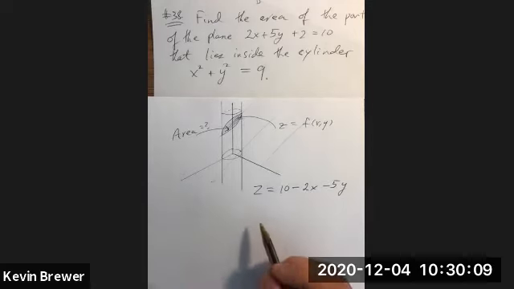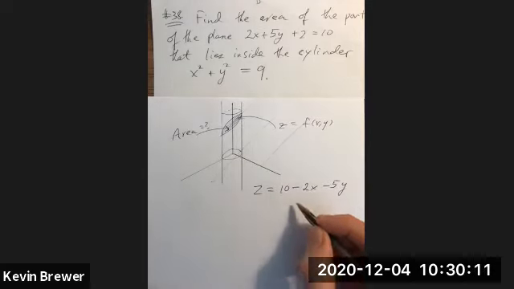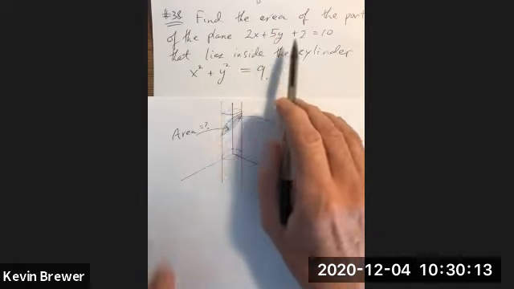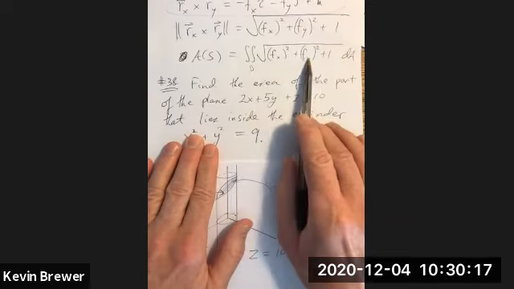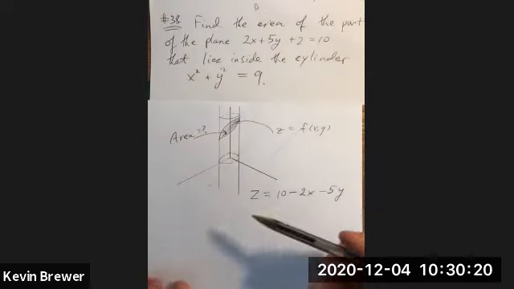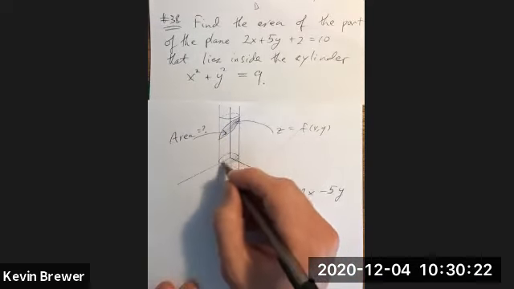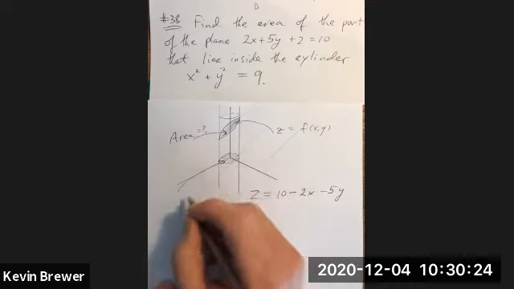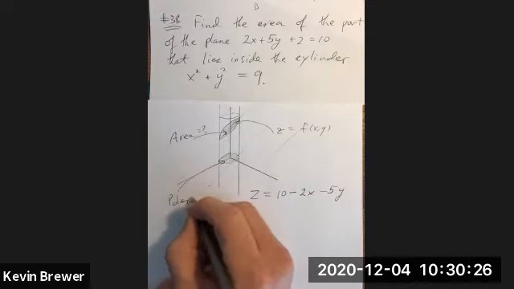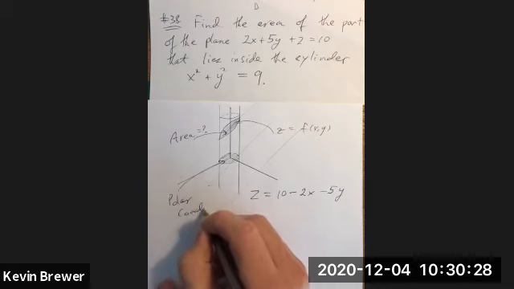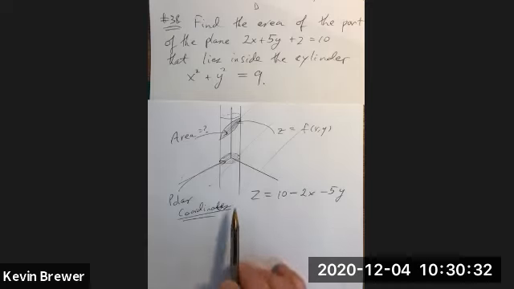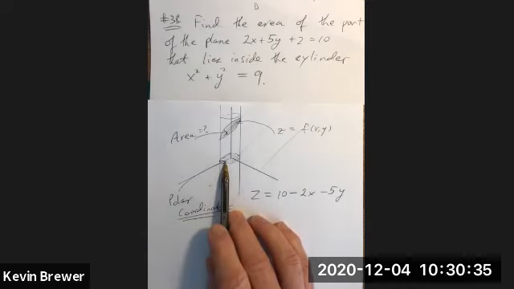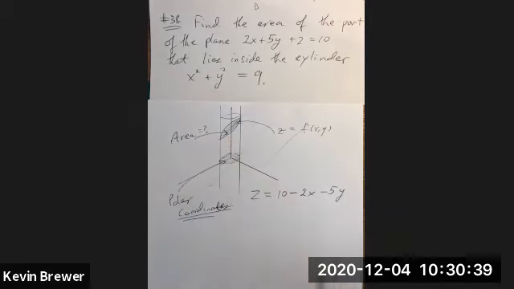So then what we need is the square root of f sub x squared plus f sub y squared plus 1, and we will then integrate over this region here. So this is a polar coordinate context, right? We're integrating over the circular disk to get this surface area.